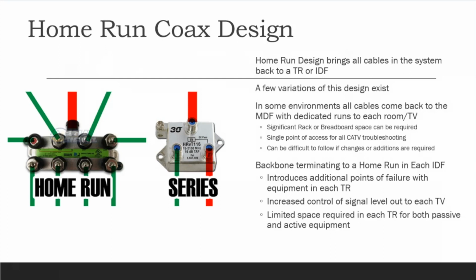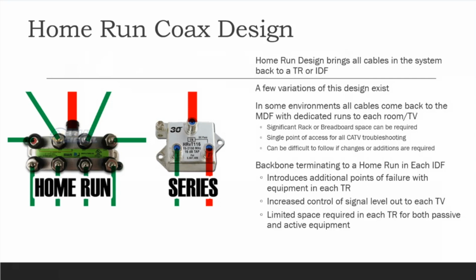The reason that it works out really well, and we'll get into it a little later when we're talking about loss calculations, is because in a lot of these small to medium size hospitality environments, you're talking 30, 50, 75, 100 televisions across one or two floors. So your distances aren't that far. Your distances are 100 feet, 200 feet, 400 feet.